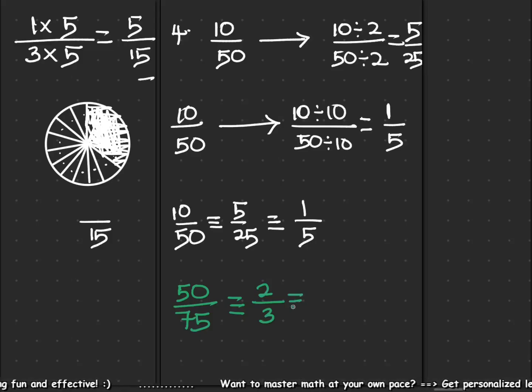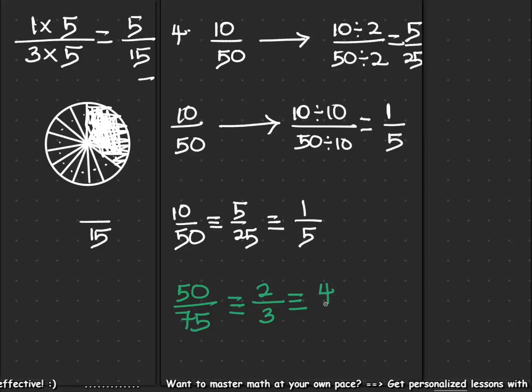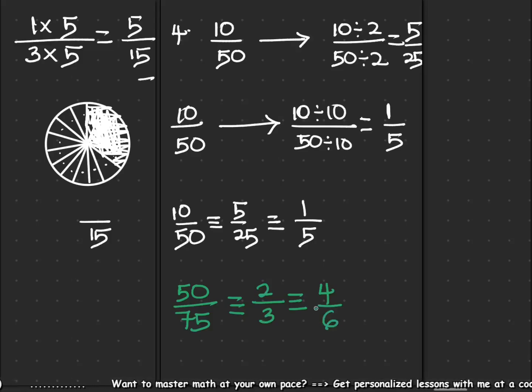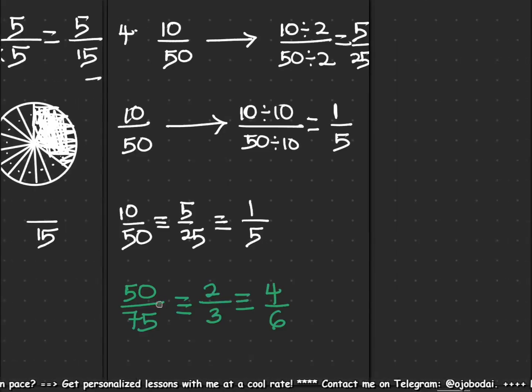The 2 over 3 we have here, if we want to multiply by 2, 2 times 2 gives us a 4, and 3 times 2 gives us a 6. So it is also equivalent. So this same 50 over 75 is also equivalent to 4 over 6. So the multiplication and then the division can all go hand in hand to look for your equivalent fractions. On that note, I'm going to give some exercises so you try on your own.